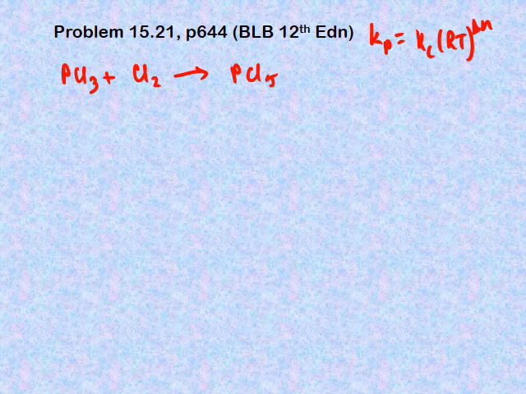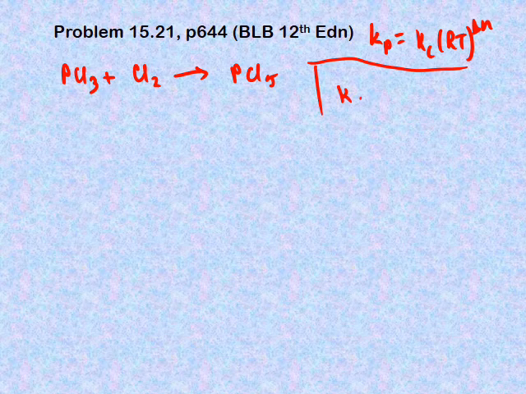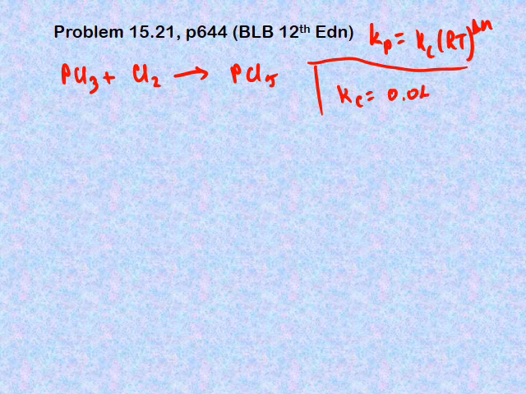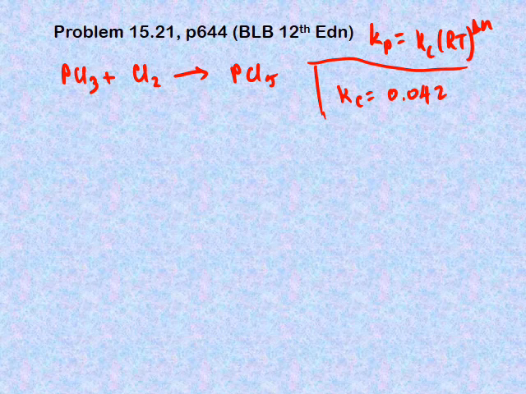Now let's see what information is given. We have Kc value 0.042. It looks like they didn't give you any unit, even this inverse of molarity unit, because we have one product and two reactants. Temperature equals 500 Kelvin.